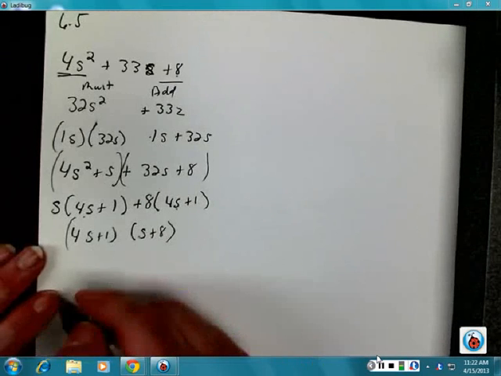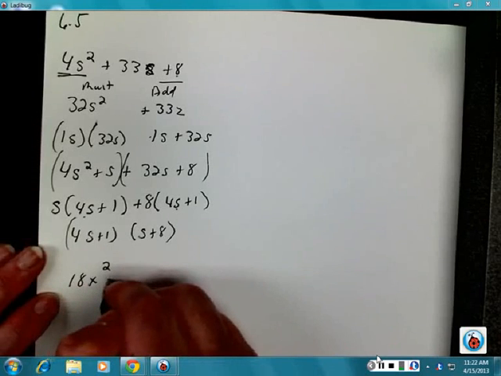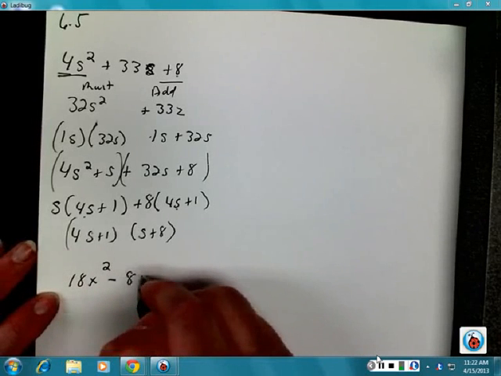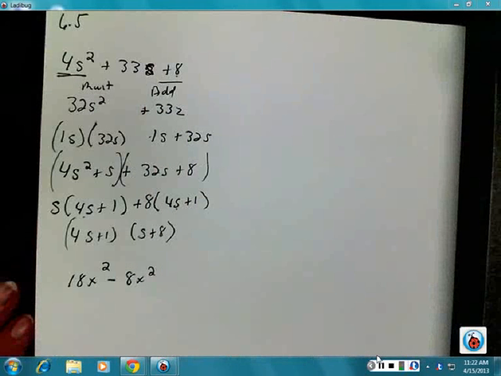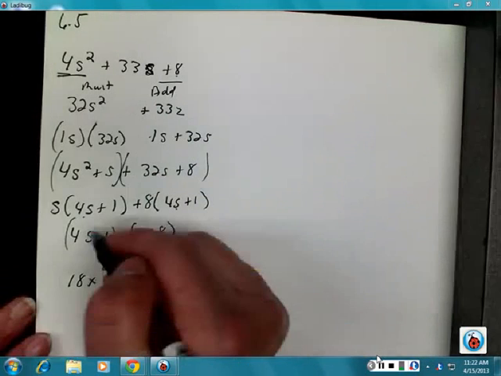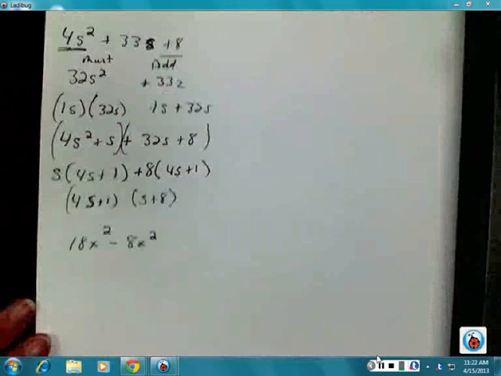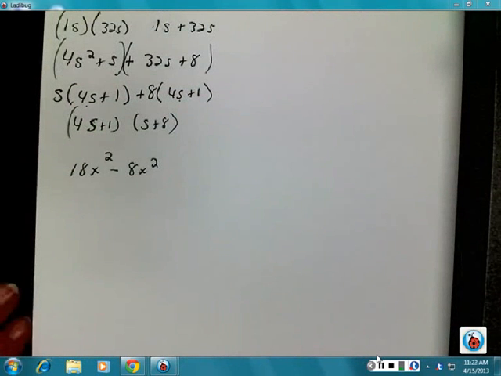How about this one? 18x squared minus 8x squared. Wait a minute, I have to change the letter in there. I can't have two x's.